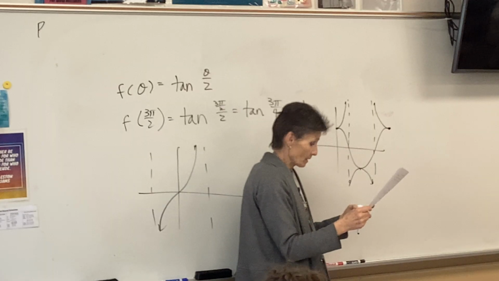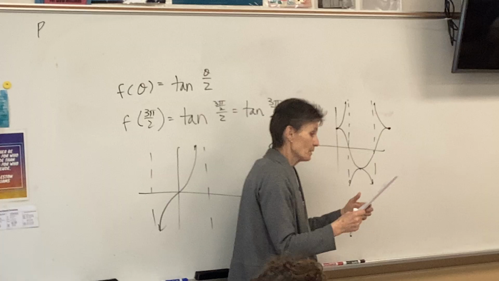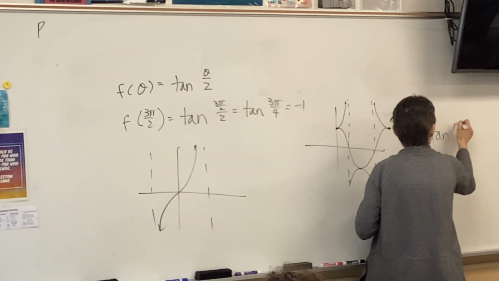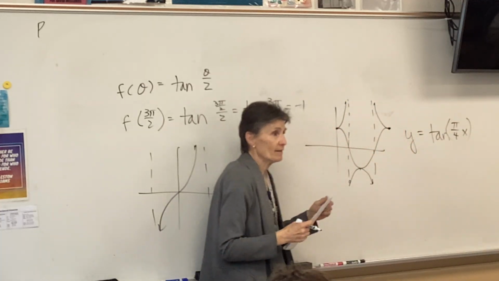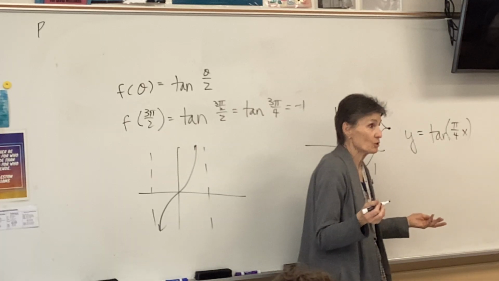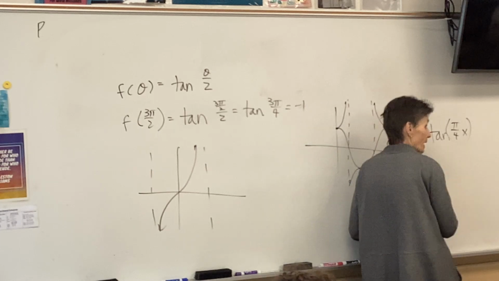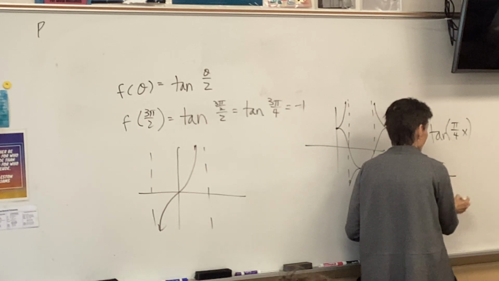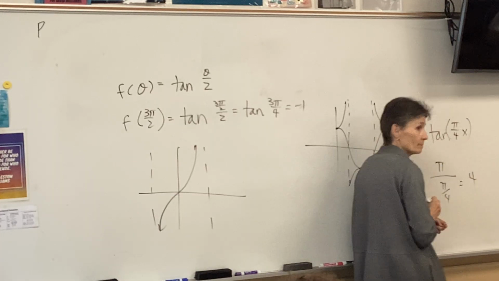All right. So that took us then to, what is the period of this? What is the period of that guy? Well, the period of tangent is pi, but not when it's got a coefficient. So it's pi divided by pi over 4. Isn't that just 4?